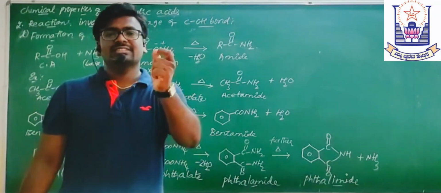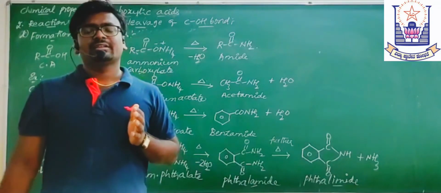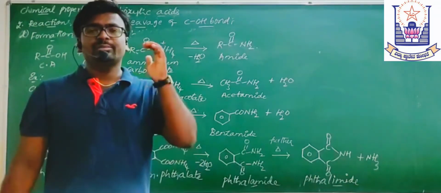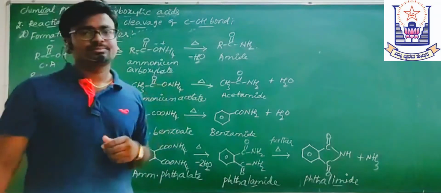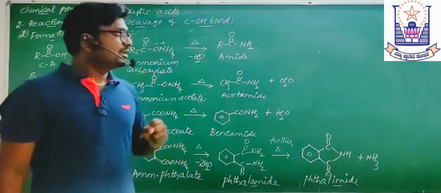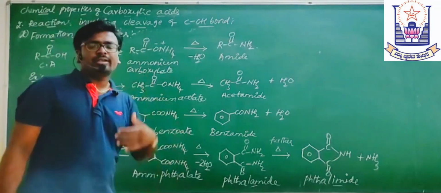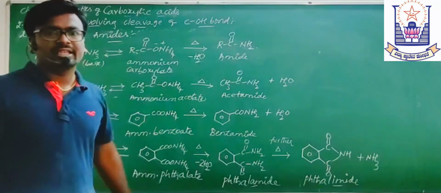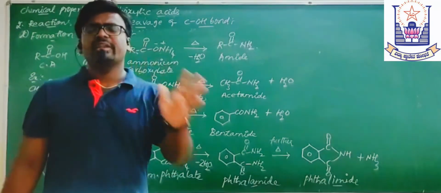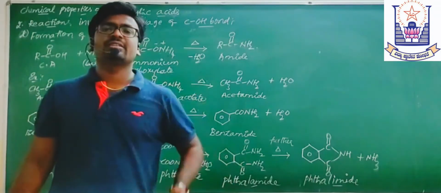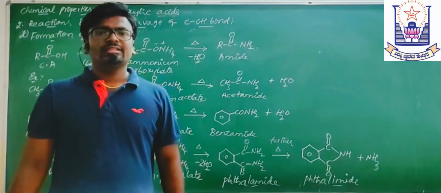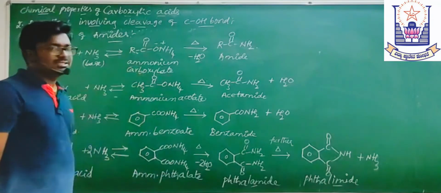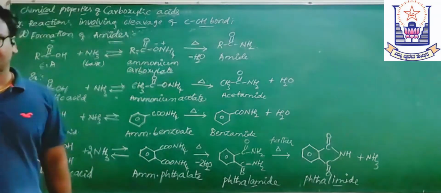That is the success point of a student. So keep these things in mind. Learn properly what is the common name, what is the IUPAC name of the compounds, and how to write the chemical reactions. Chemistry is very easy when you understand the basics. Yes, we shall go for the next type of reaction.